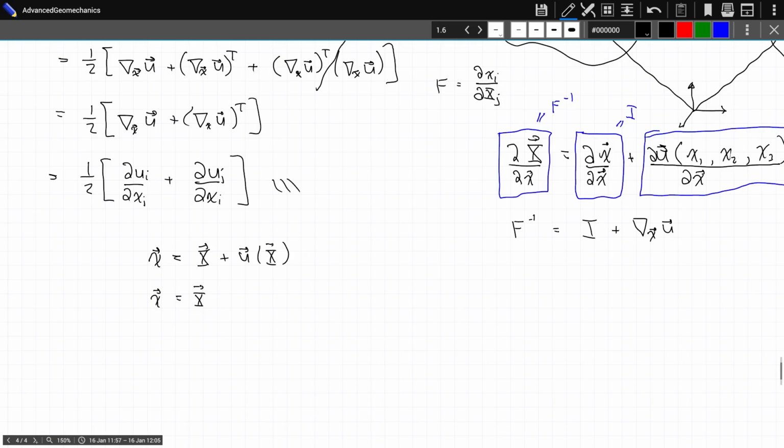So another way of looking at it is that the linearized strain makes no distinction between the reference and the current configuration, right? They're one and the same because u is small.